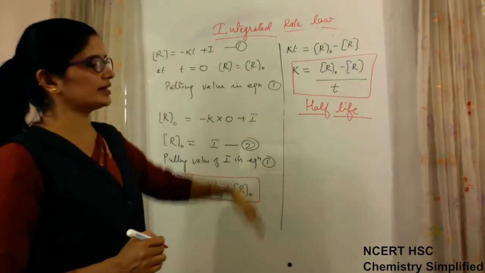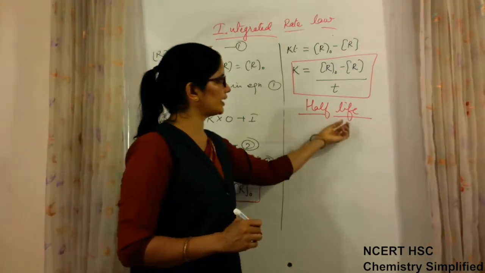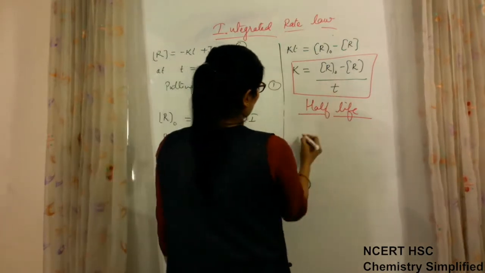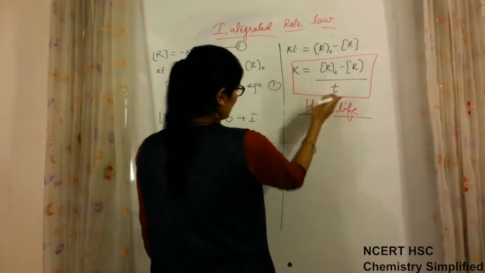For a zero order reaction, if we have to calculate half-life with the formula which we have obtained, then we will take T here and K this side.